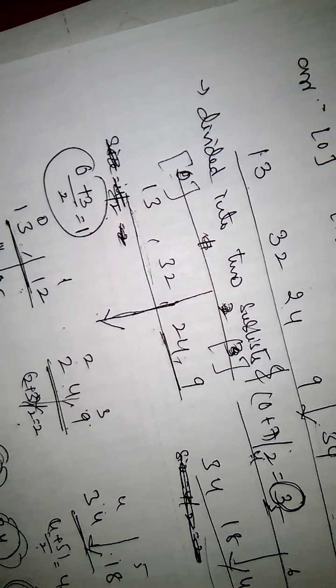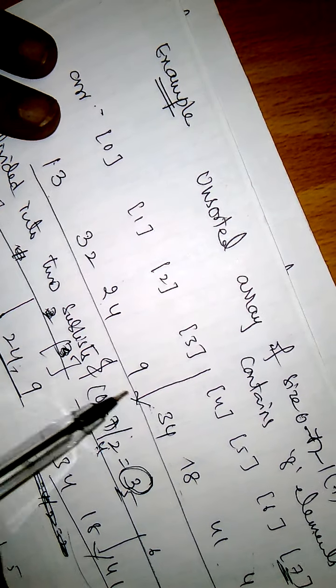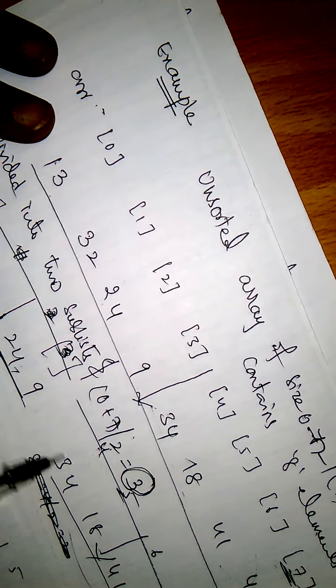But it will take more time to copy all these sorted elements into a temporary array. This is the array; we copy it into temporary arrays as two sublists.